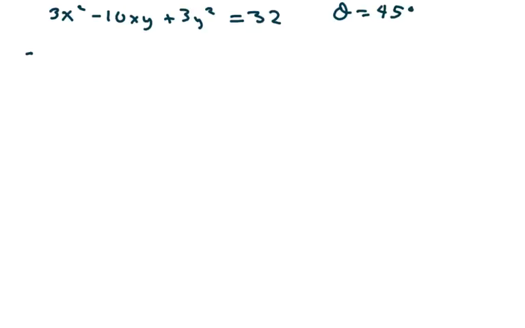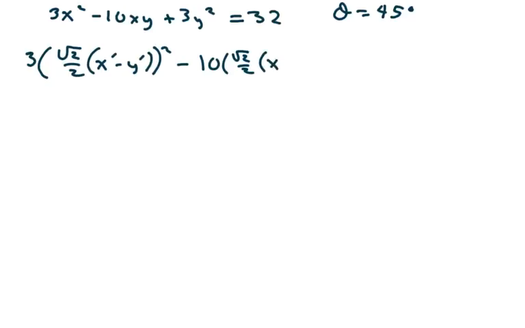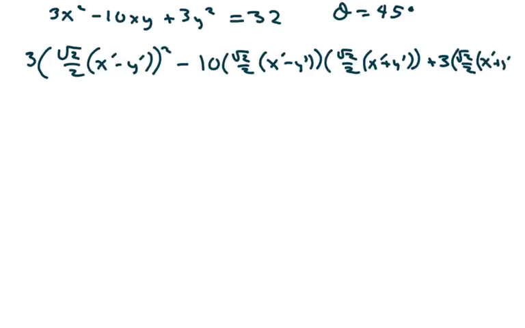So let's substitute in, and we get 3 times (square root of 2 over 2 times x prime minus y prime) squared minus 10 times the square root of 2 over 2 (x prime minus y prime) times your y, which is square root of 2 over 2 (x prime plus y prime), plus 3 times (square root of 2 over 2 times x prime plus y prime) squared equals 32.